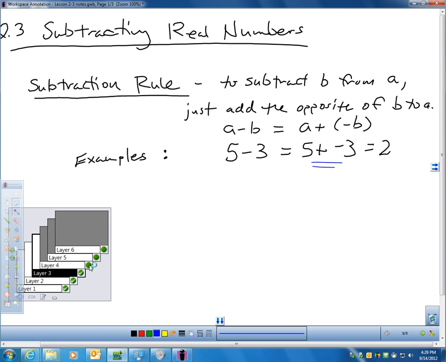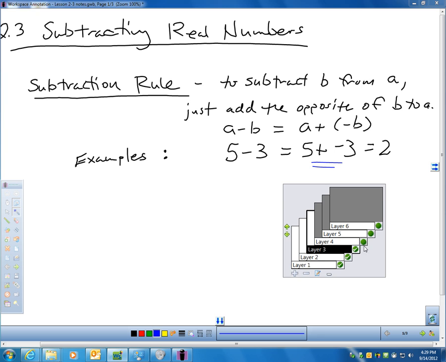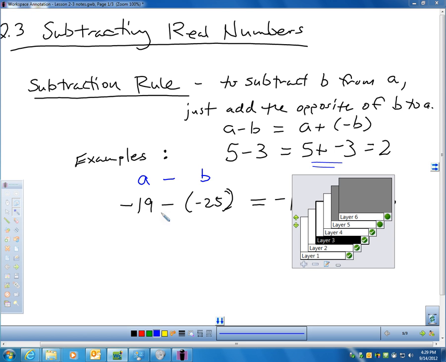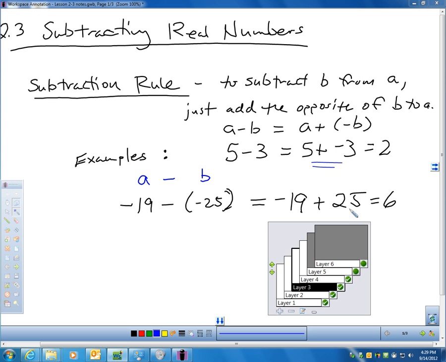Well, it's for problems like this, where I'm going to throw a bunch of negatives at you, like negative 19 minus negative 25. It's a whole lot easier for me to quickly change this by adding the opposite into negative 19 plus 25, and that's an easy addition.